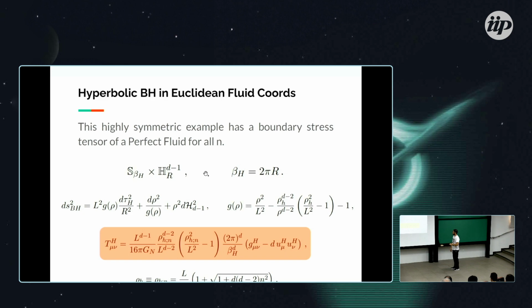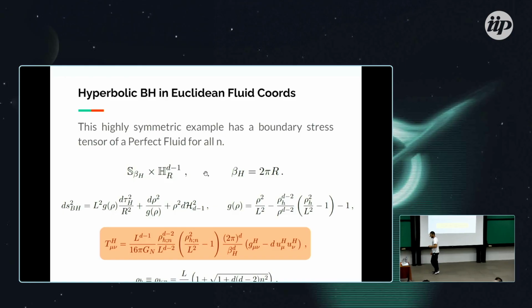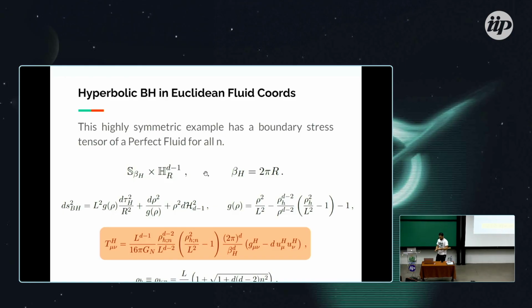It has some interesting structure of n-dependent functions, but here is the would-be temperature of this fluid, and this u mu velocity. But in a sense, this is a very boring fluid because beta H is just a number. Recall that we have fixed the temperature, and the u H is also a very boring function. It's just a constant vector.